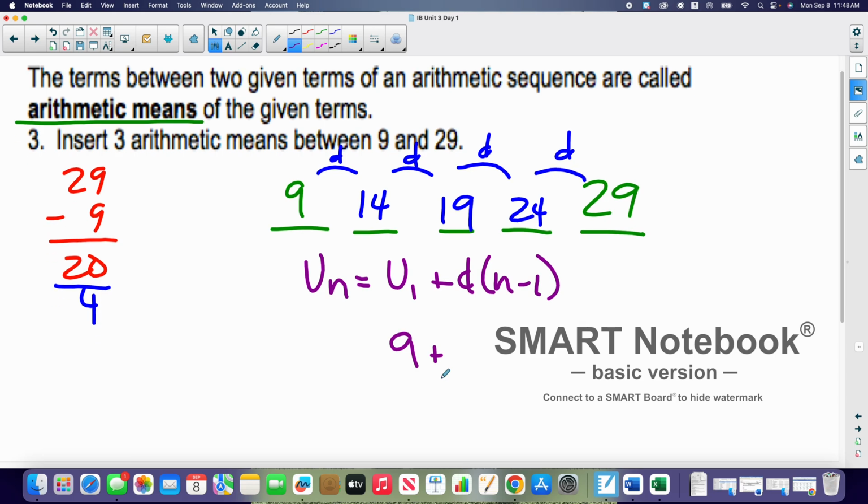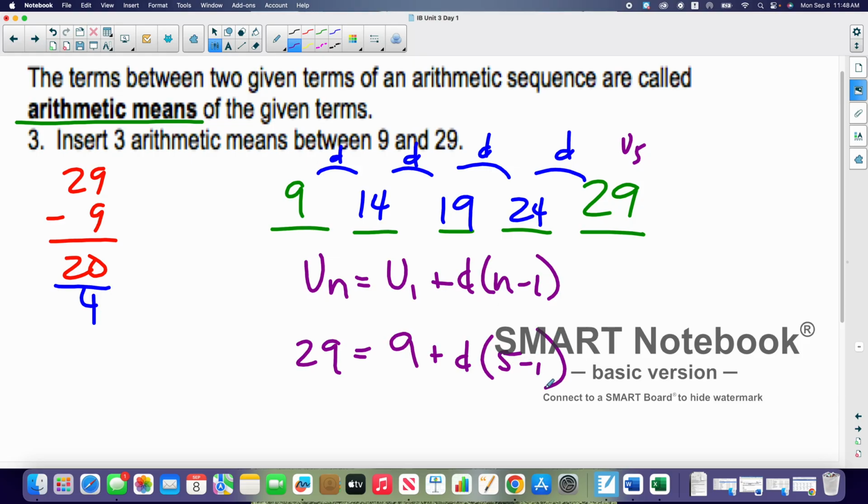What term number is that in this one? It's term 5. In this case right here, 29 would be U5. It's the 5th term. Okay? So I could put 29 in here, I don't know my D value. I know my term number. My term number is 5 minus 1.